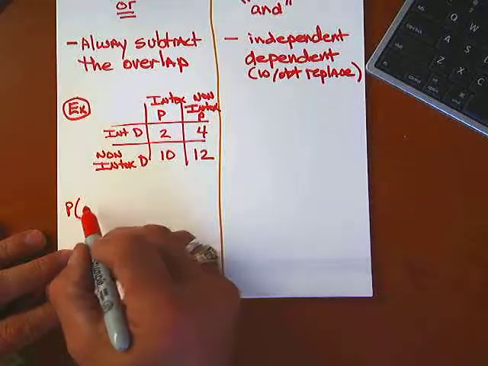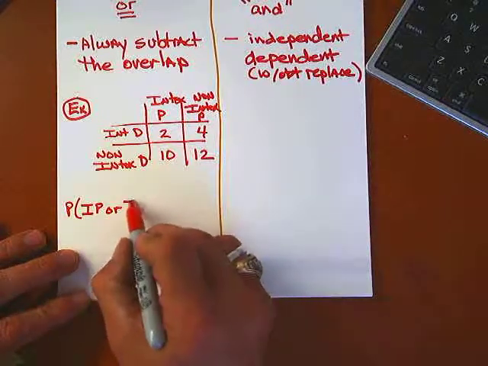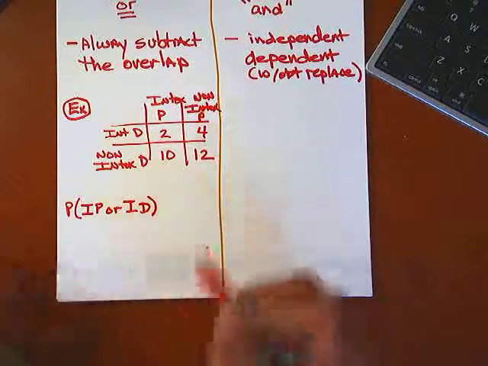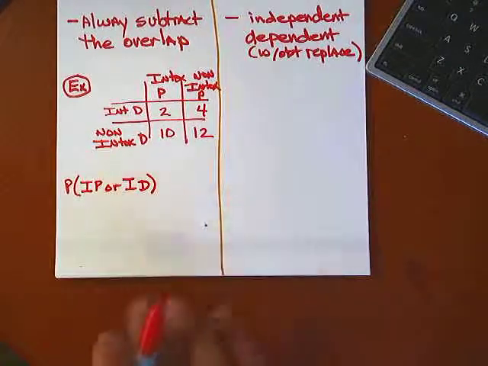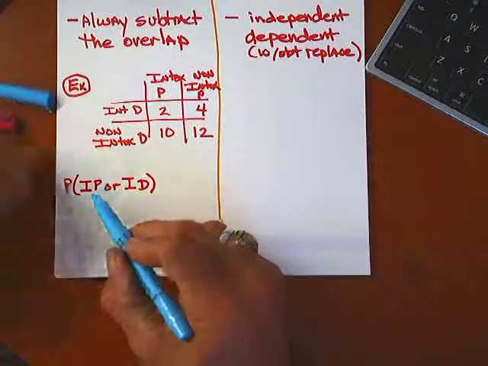But let's say that we want the probability of finding an intoxicated pedestrian or an intoxicated driver. Okay, and I'm going to use a highlighter here so you will see the overlap. There's my blue highlighter.